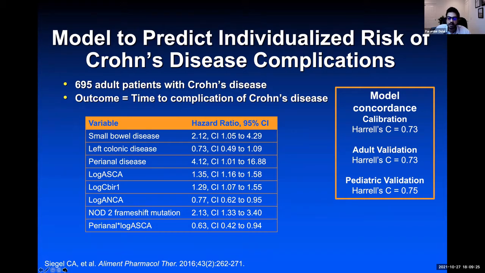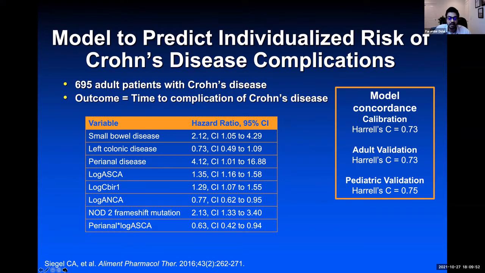And on the right here, you can see the concordance calibration, which is an area under the curve for time to event analyses. In the original cohort, the area under the curve or cohort calibration was 73%. And you can see in the secondary adult validation cohort and in the pediatric validation cohort, it was 73 to 75%. So this was prognostic of risk of complication, and it was valid across multiple populations for predicting this.